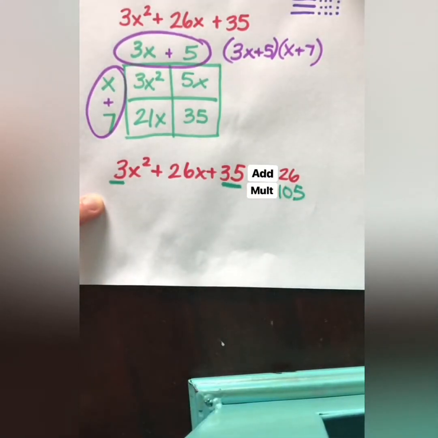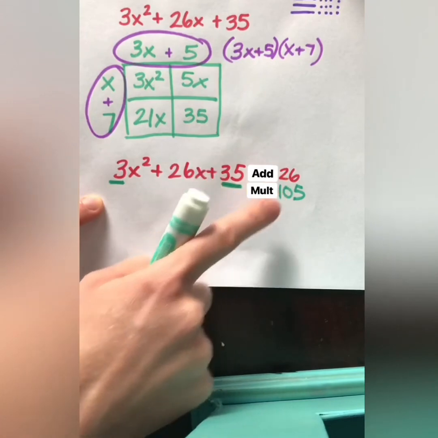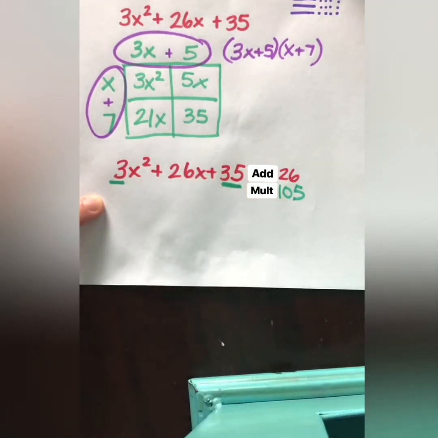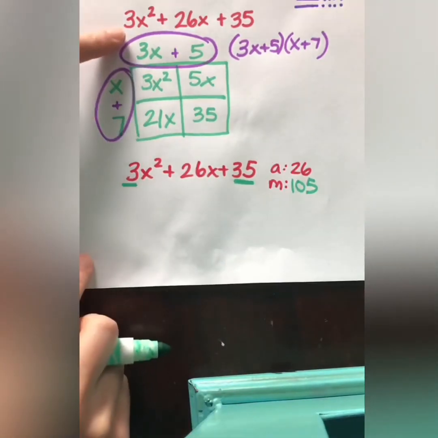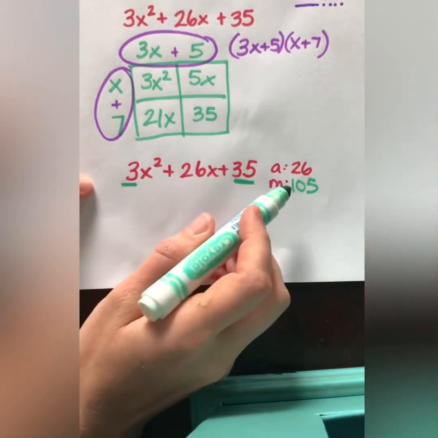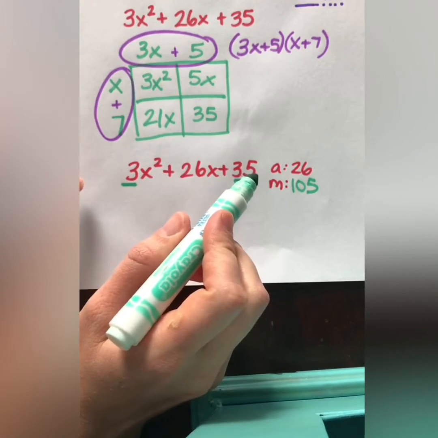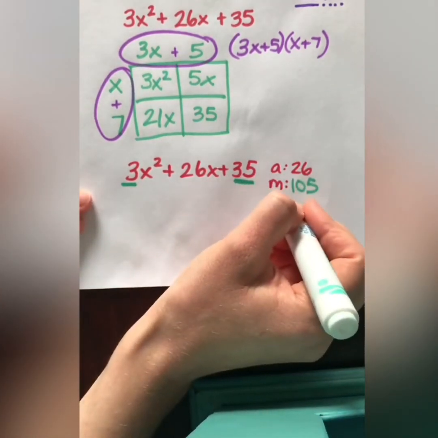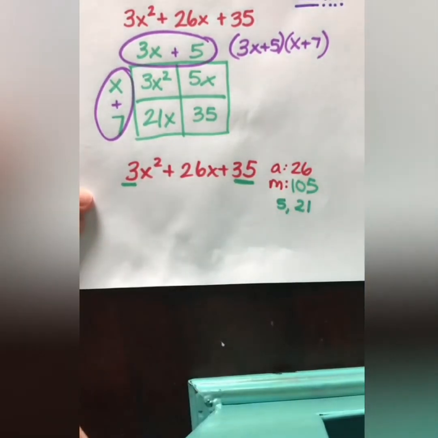So we're looking for two numbers that add to give us 26 and multiply to give us 105. Now we did this same problem up here, but if we hadn't, you could just test out numbers until you come up with two that work. In our case, our two numbers are 5 and 21.